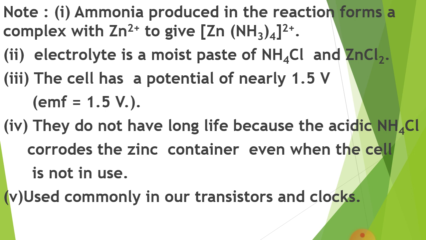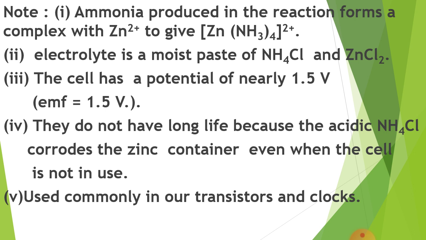Fourth point, they do not have long life because the acidic NH4Cl corrodes the zinc container even when the cell is not in use. Here NH4Cl is a salt which is acidic in nature and reacts with the zinc container. So that's why you cannot use this type of cell for a long time.